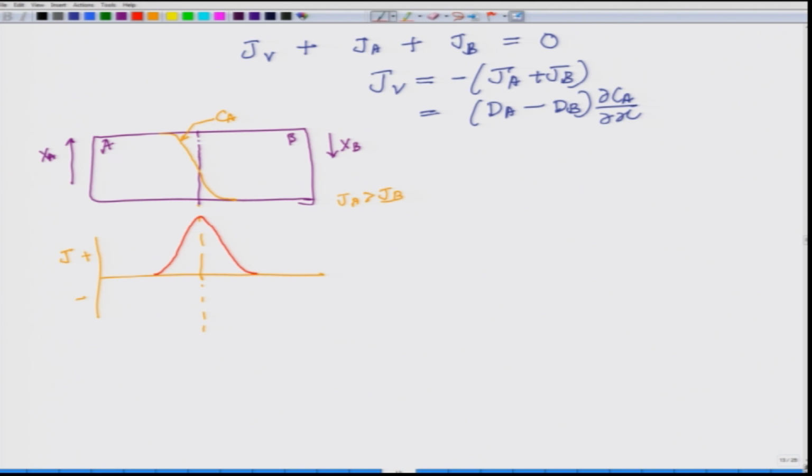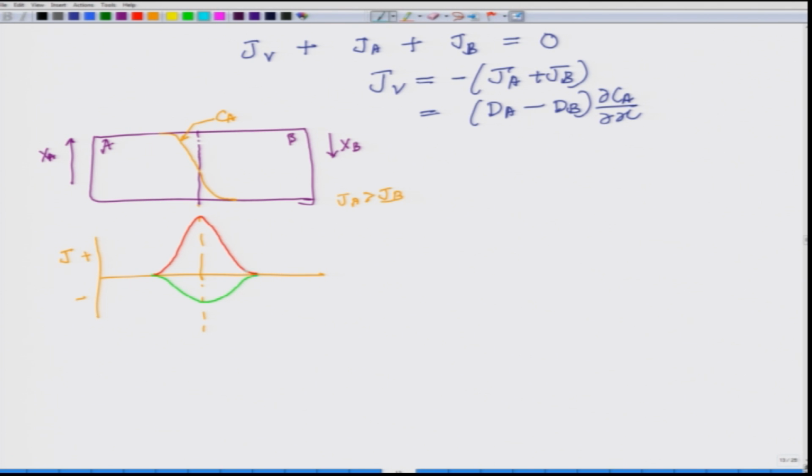Now, the B component, which is smaller, would look something like this. And remember, B is moving in the opposite direction, right to left. Therefore, we have shown it on the negative side. Now, as you can see, if J A is moving this side, B is moving this side, then there is a net imbalance, and that net imbalance is balanced out by vacancies.